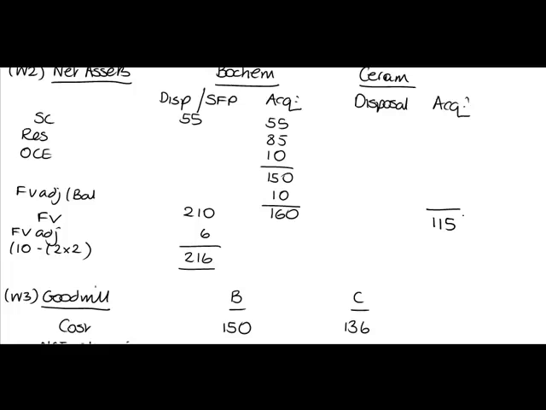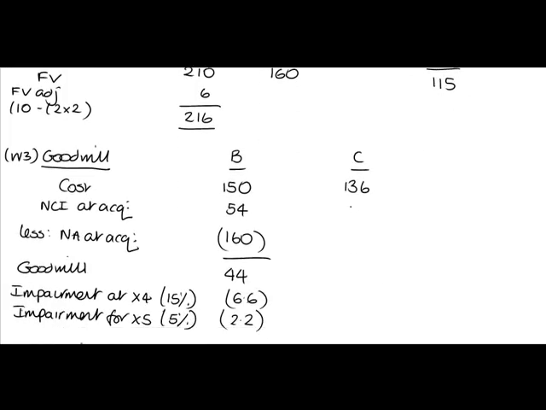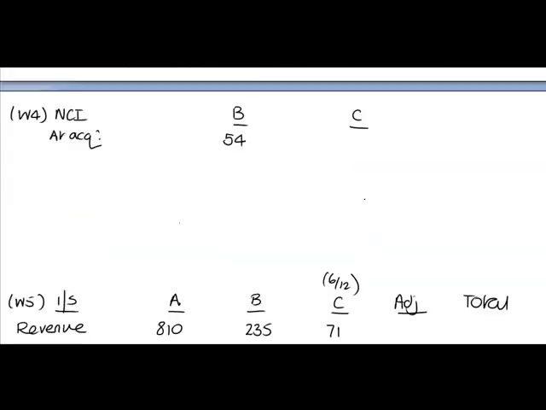And the NCI had a fair value of 26. So we can go to our goodwill calculation and stick in a figure of 26. On the 1st of November X4, we sold 50% of Ceram for 90 million. So we can work out here our gain on disposal.